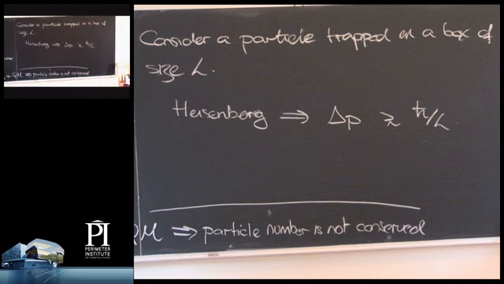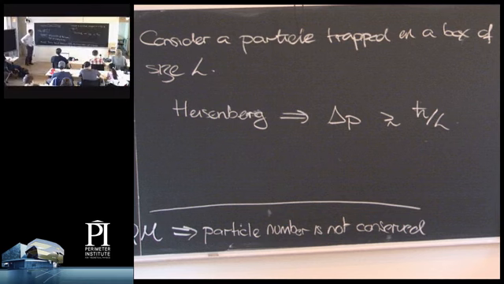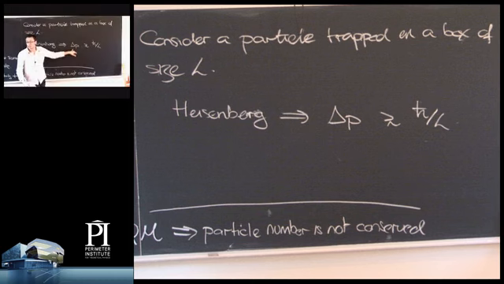and we know that Heisenberg tells us that we don't know the momentum of that particle. There's some uncertainty, and the uncertainty is of order h bar over L. But if we're in a relativistic context, then one guy's momentum is another guy's energy. These are things which just transform into each other under Lorentz transformations. So somebody in a different frame is going to see some uncertainty in the energy of the system.